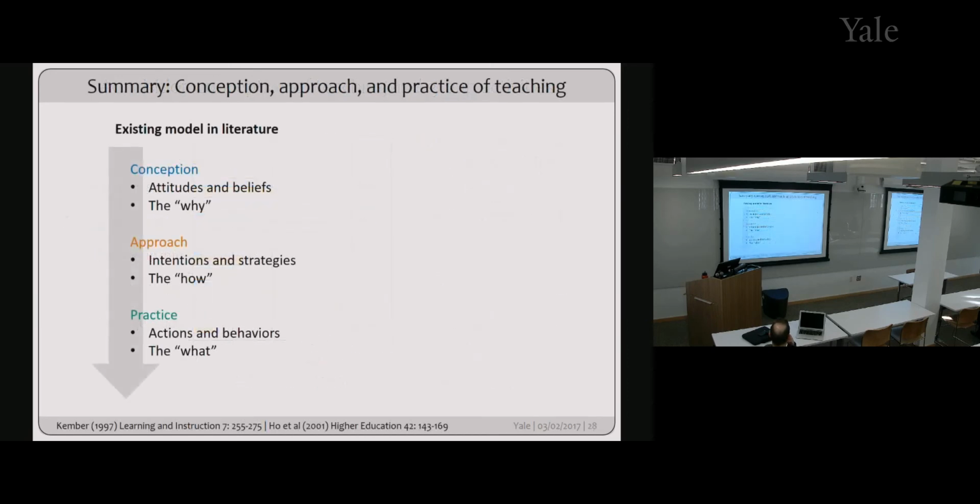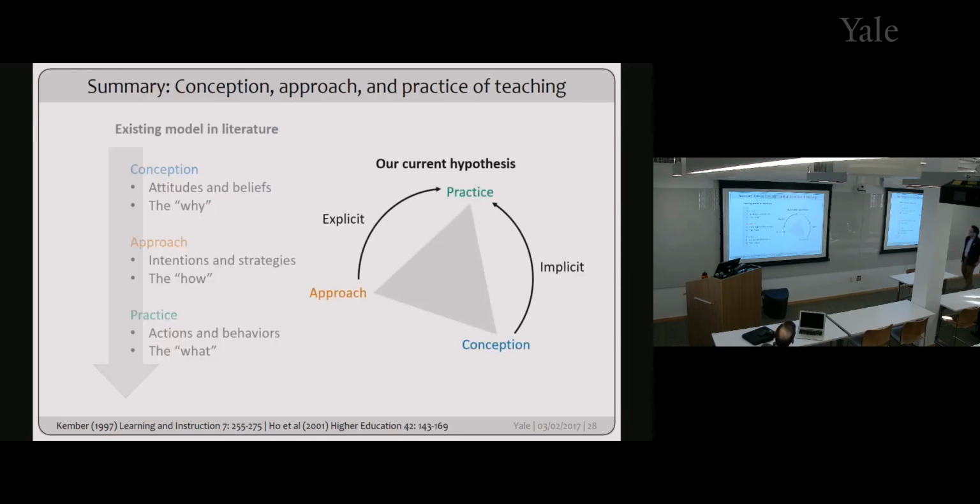Right, and so what we think here is, this is the existing model in the literature, the linear model where what you believe in informs what you plan to do, and what you plan to do informs what you actually do. Based on our data, what we actually think is that the approach explicitly informs your practice. If you decide to use clicker questions, or if you decide to use group activities, you're going to use them.